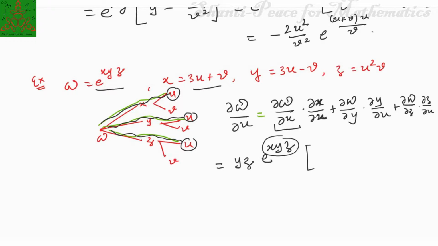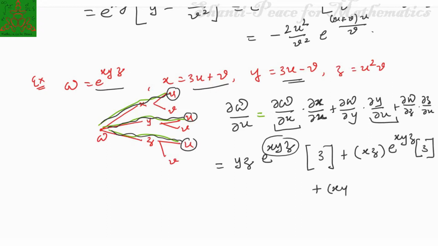The derivative of x with respect to u gives you 3, plus with respect to y it is xz e power xyz. The derivative of y with respect to u is again 3, plus xy into e power xyz. The derivative of z with respect to u is 2uv. Further, you can just substitute the values of u, v here.